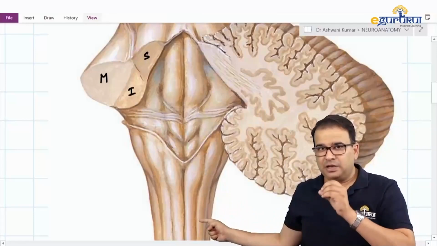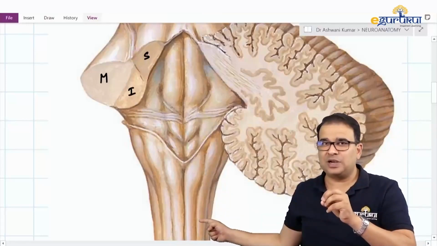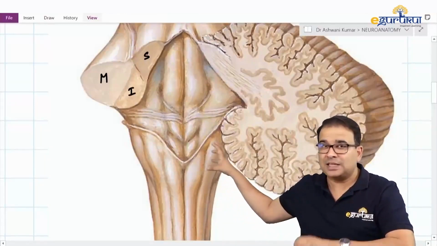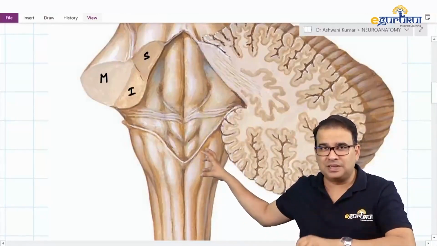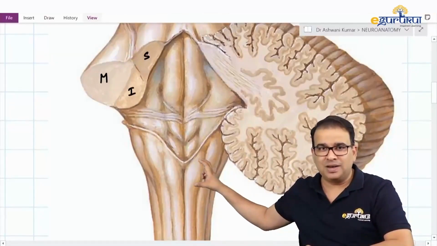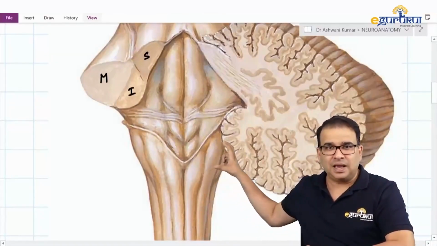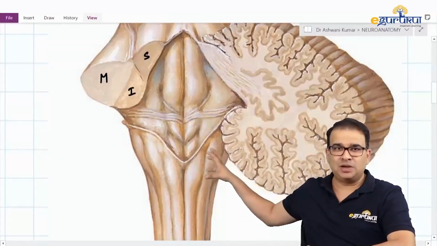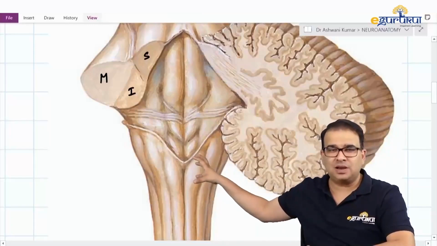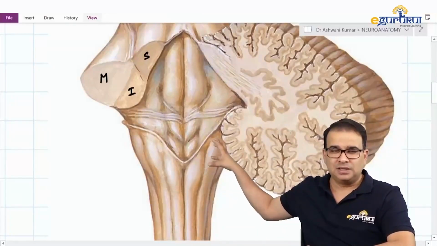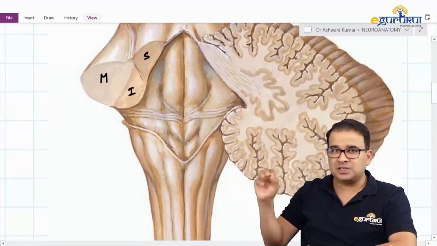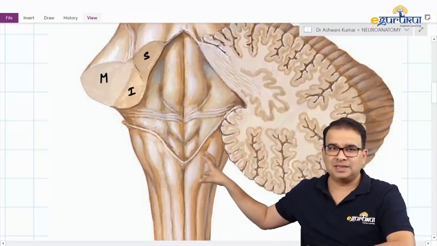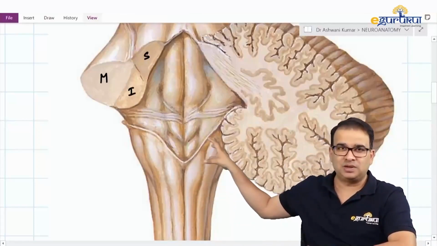And we know that the nuclei for the fasciculus gracilis and cuneatus are in the medulla oblongata, and they're present in these elevations only. That's why they're elevated, because we have nuclei present deep to them. So we have the nucleus gracilis and nucleus cuneatus present inside. And that's why these tubercles are called the gracile tubercle and cuneate tubercle. That is the point where the first order neurons of the dorsal column tract end.